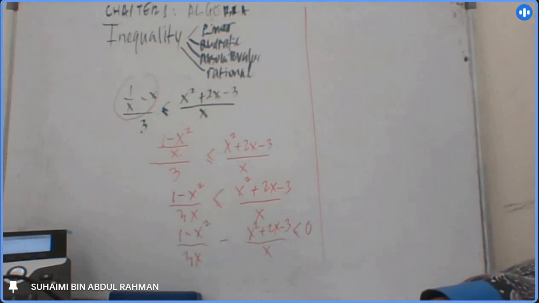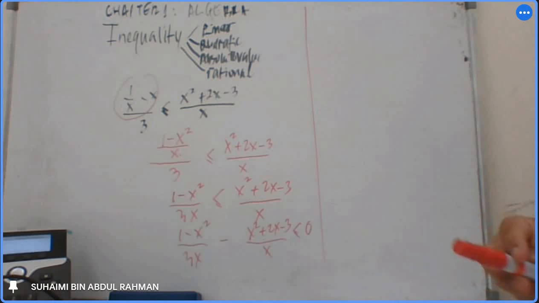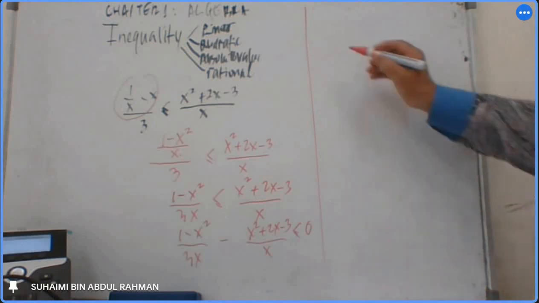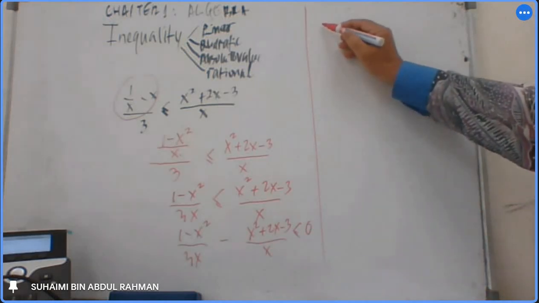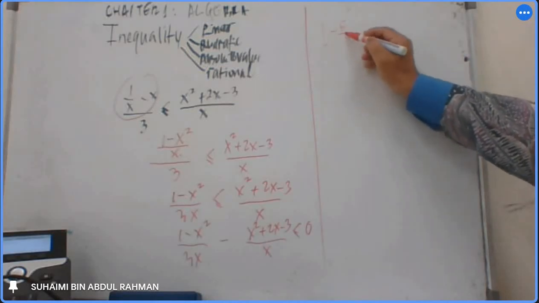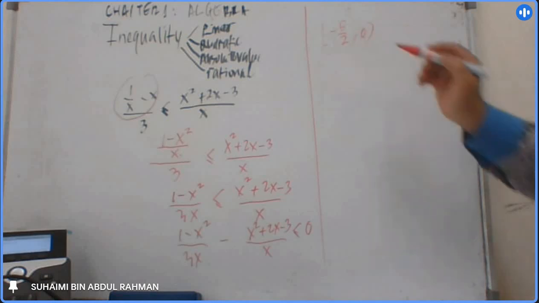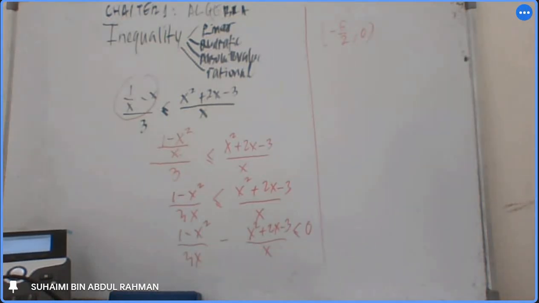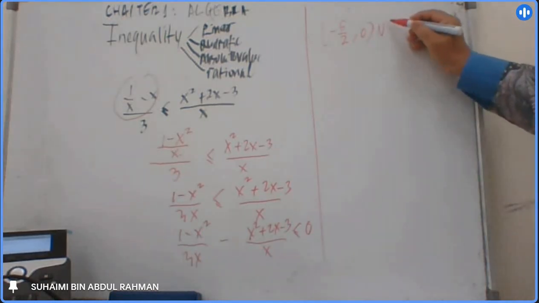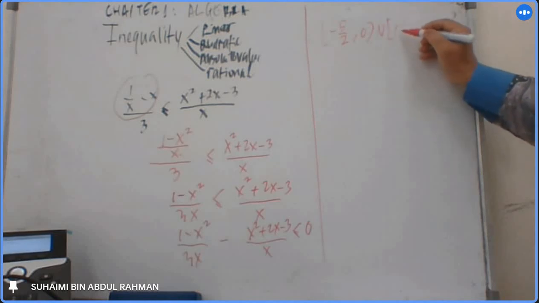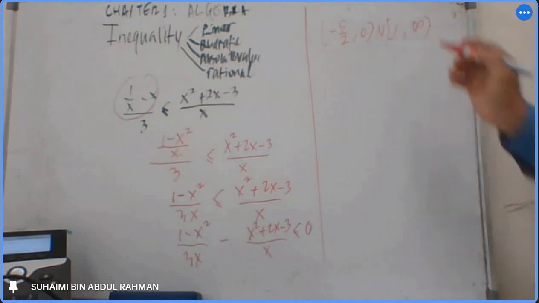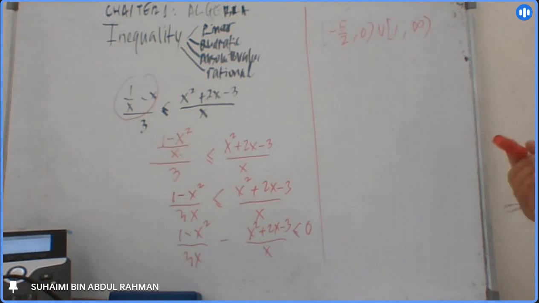At the end, your answer must be from minus 5 over 2 until 0, union with 1 until infinity. You're supposed to get that answer.